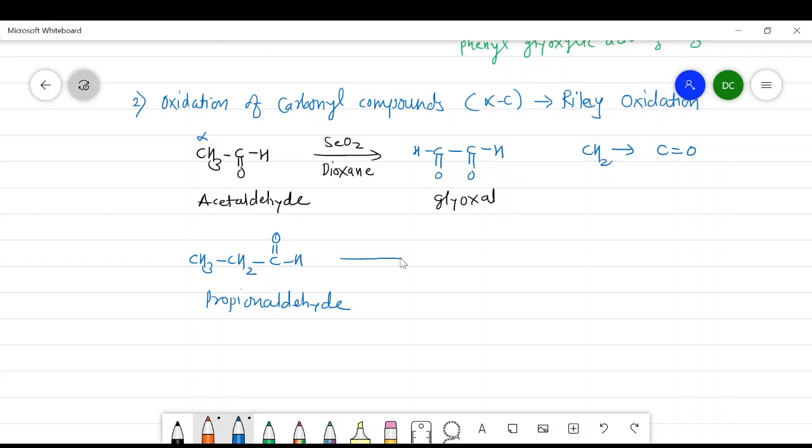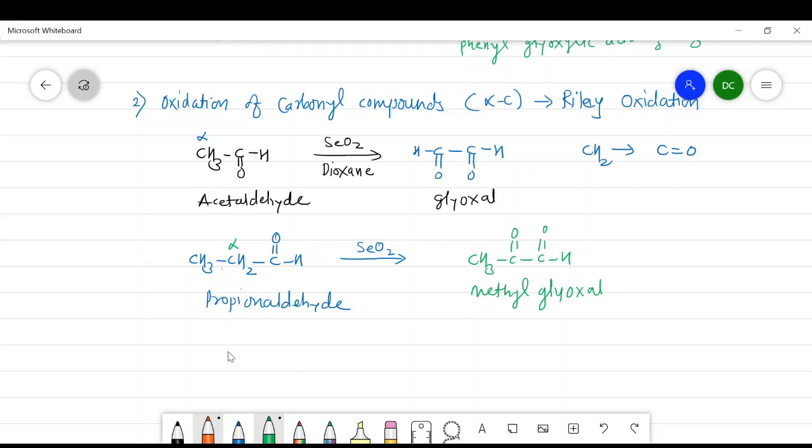Under similar conditions with SeO2, after oxidation, the oxidation occurs at this carbon because it is the alpha carbon, and we know that CH2 is converted into CO. That's why we get CH3CO CHO, this type of compound, and it is known as methyl glyoxal.